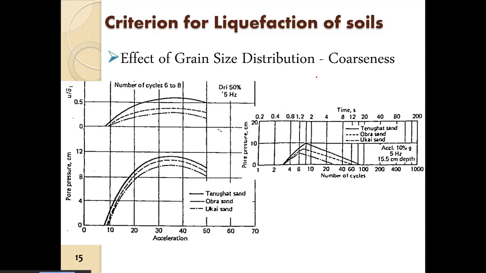Now this is an important plot. So here three sands were taken. This is the Ukai sand, this is the Obra sand, and this is the Tenukhat sand. So this is the acceleration versus the pore pressure. Observing the acceleration versus pore pressure, we can definitely come to the conclusion that Ukai sand is the most coarse.